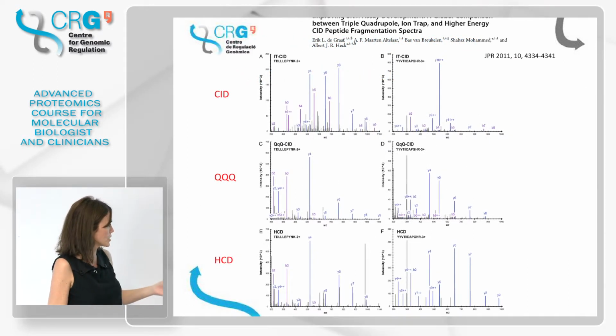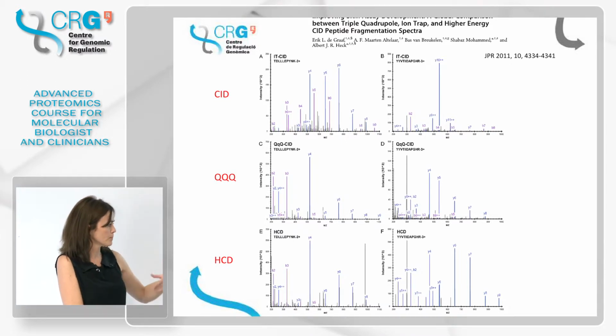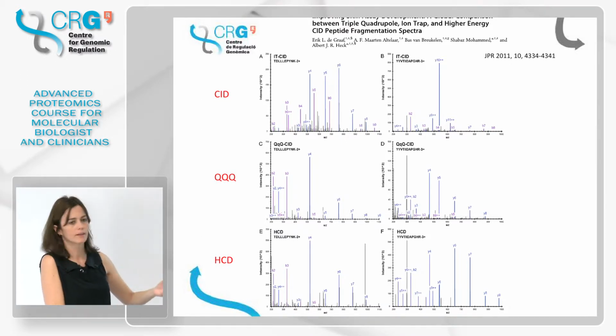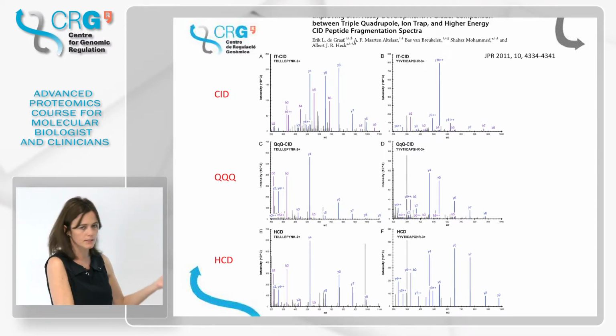This is one publication that compares the fragmentation in the triple quadrupole with two other types of fragmentation, which are CID and HCD. The point of this paper was that HCD resembles the fragmentation in a triple quadrupole more than CID does. In this figure, they also put an extreme case.